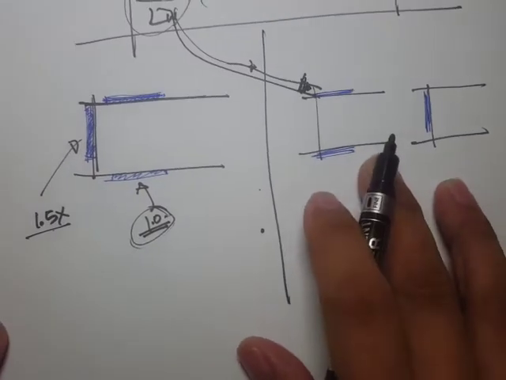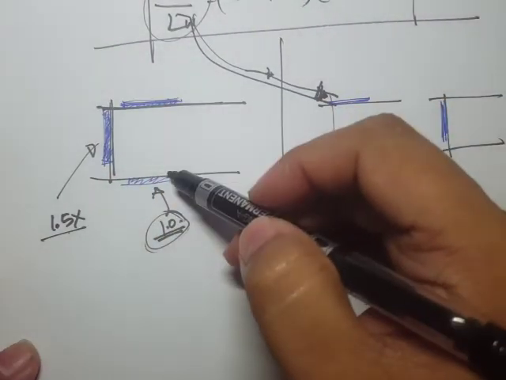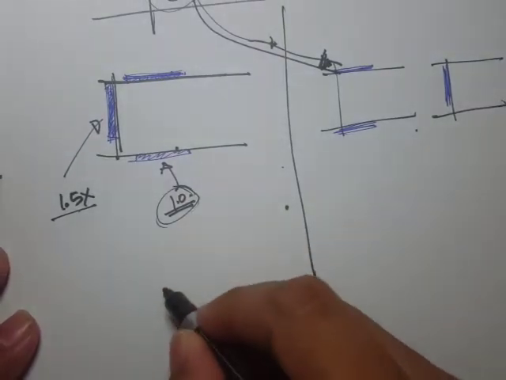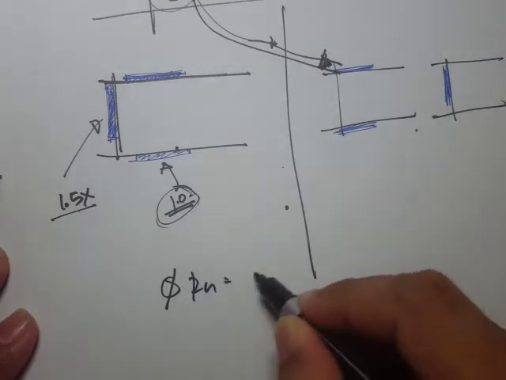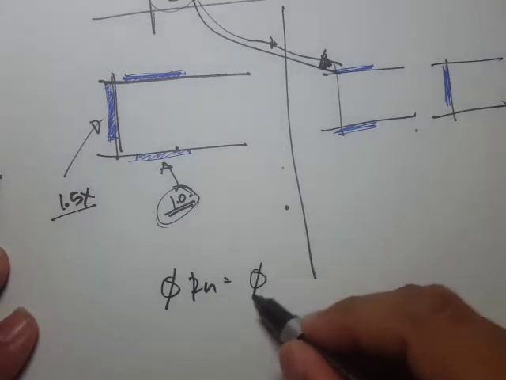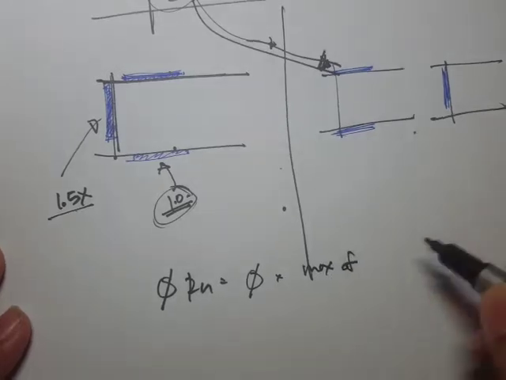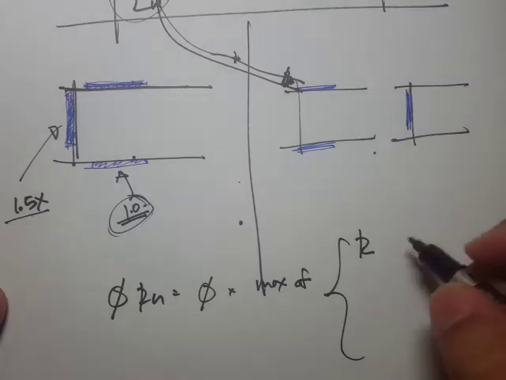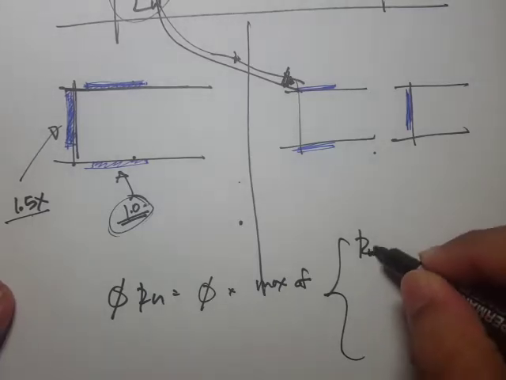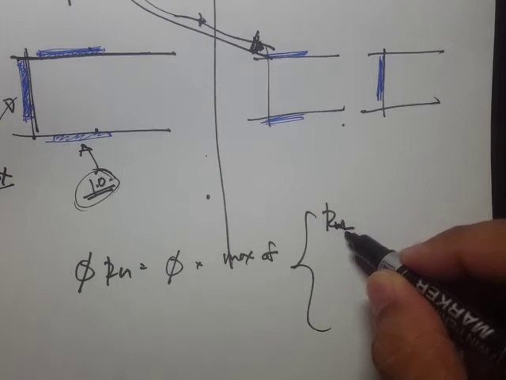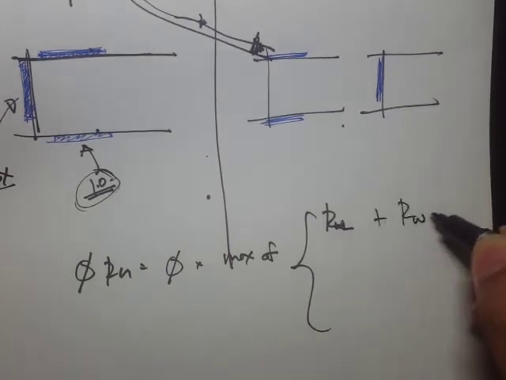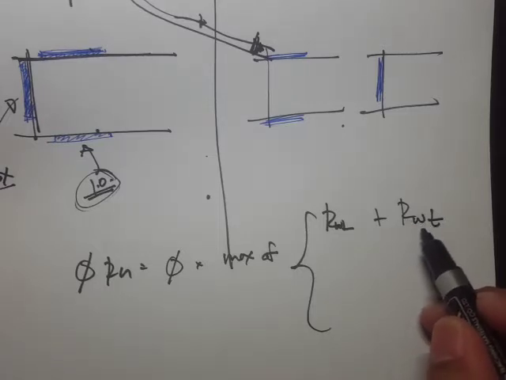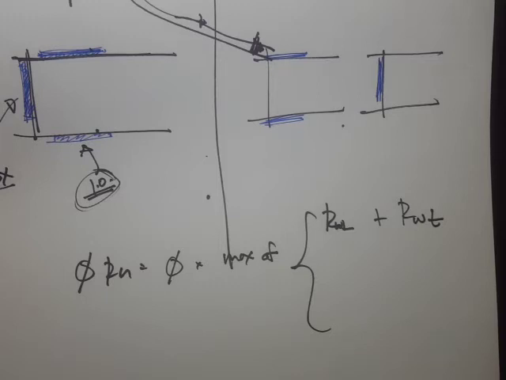But if there exists in a welded joint a longitudinal weld and a transverse weld, then you have to check the maximum. So we have this phi Rn is equal to theta times the maximum of the two conditions. We have the weld length, that's longitudinal, R sub W times L plus R sub W times T.